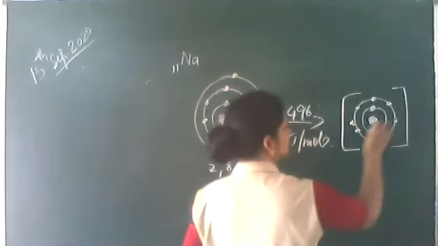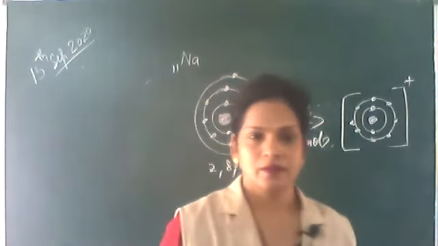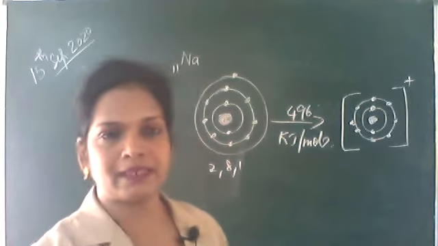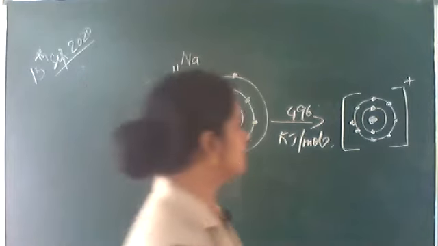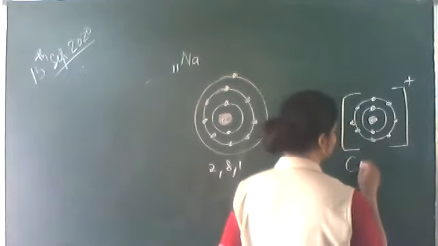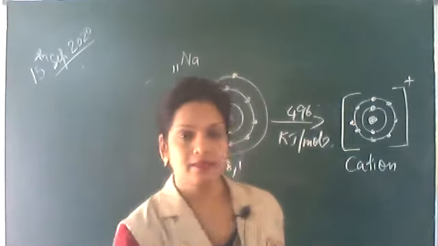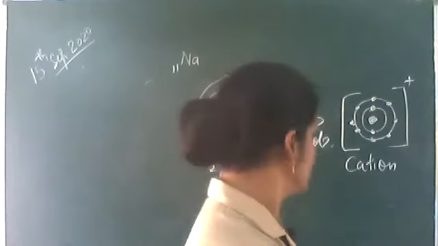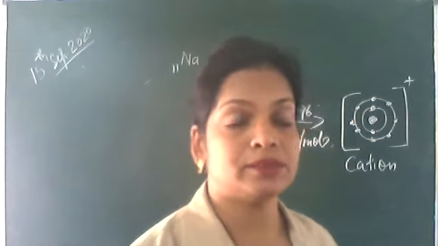So this is developing a positive charge because of one extra proton. 10 negative charges will be cancelled by 10 positive charges. So one positive charge at the center is extra. That positive charge we are writing here, we call it a cation. So the cation's radius is lesser than the neutral atom's radius.